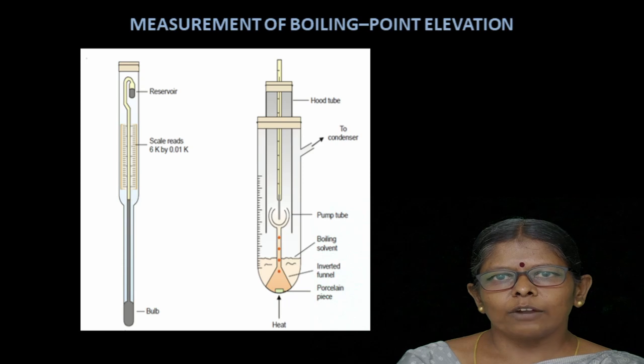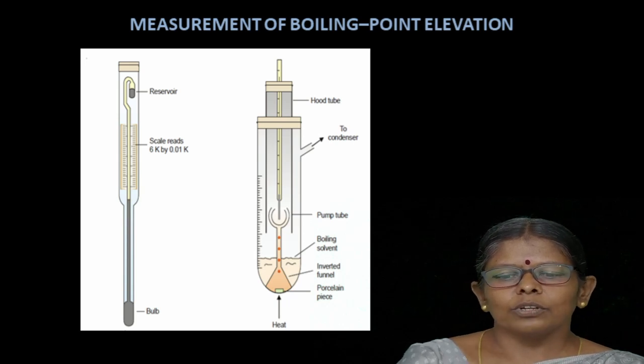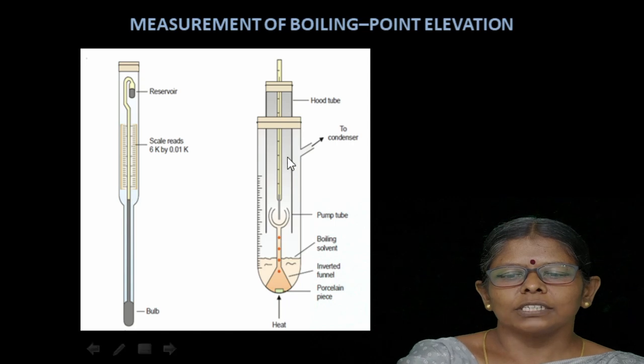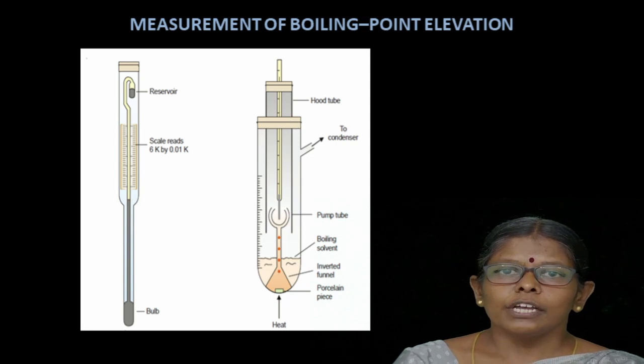After that, we add a small amount of solute in order to make the solvent into a dilute solution. When heating, after a certain rise in temperature, the solution also begins to boil. Therefore, there will be an increase in temperature on the Beckmann thermometer, and as soon as it reaches a steady value, we record the readings.